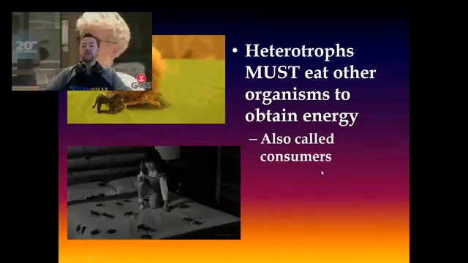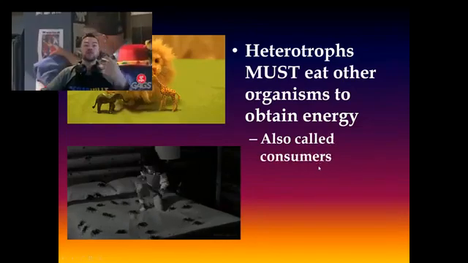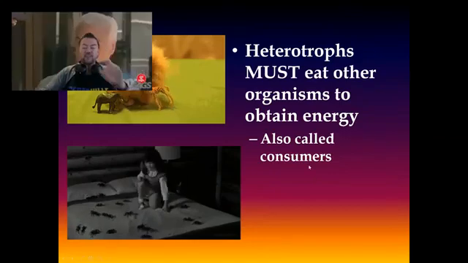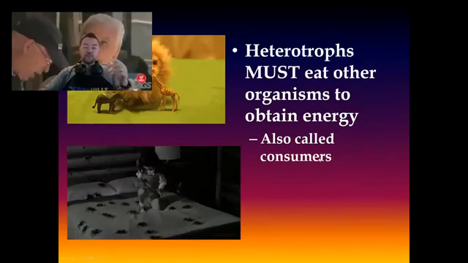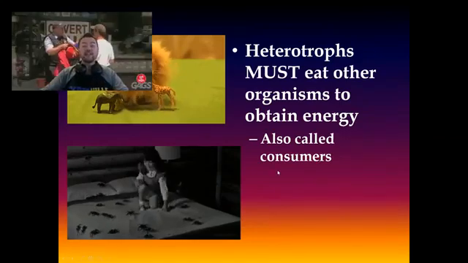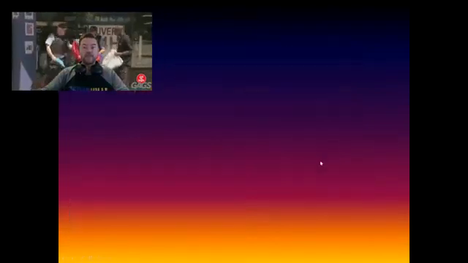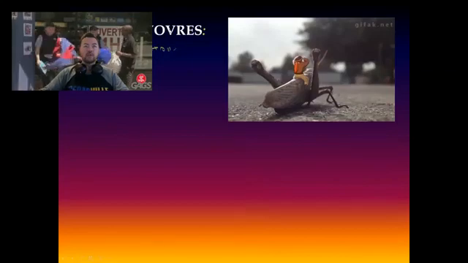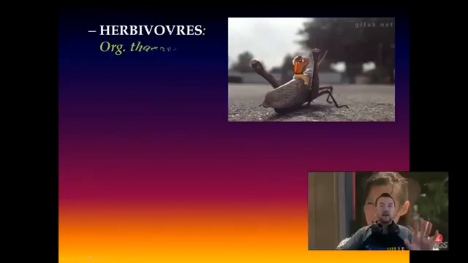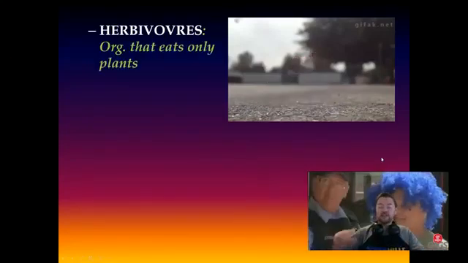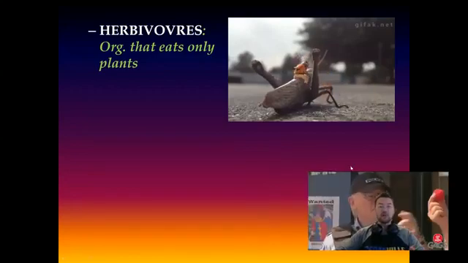But we also call these consumers because they consume, they bring in. If autotrophs are producers, then heterotrophs are consumers. And there's 4 different types, and 3 of them are easy to understand, these different types of consumers.